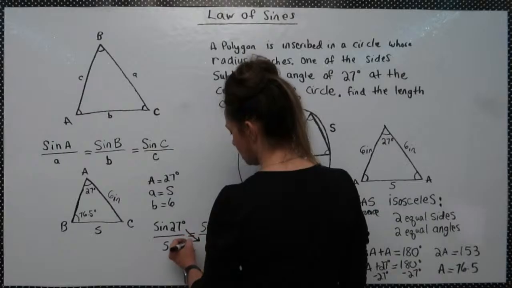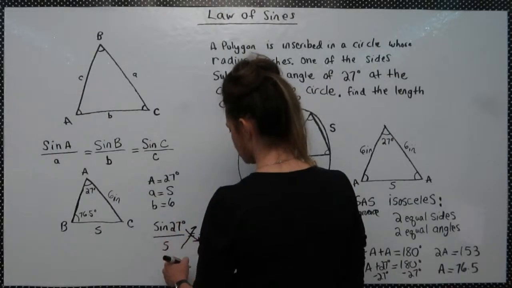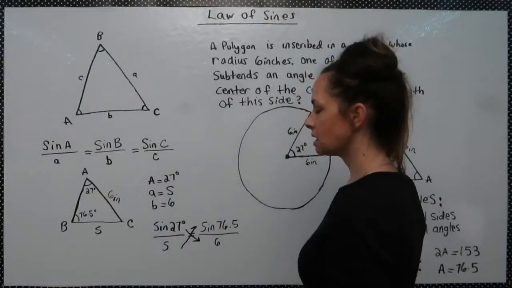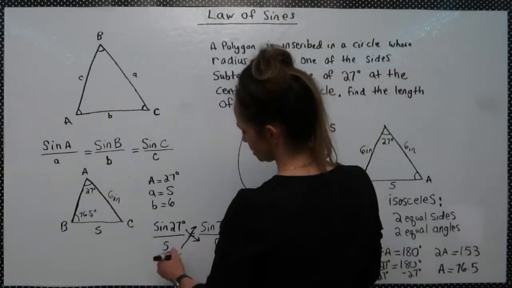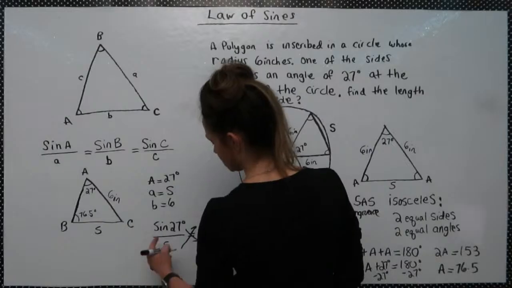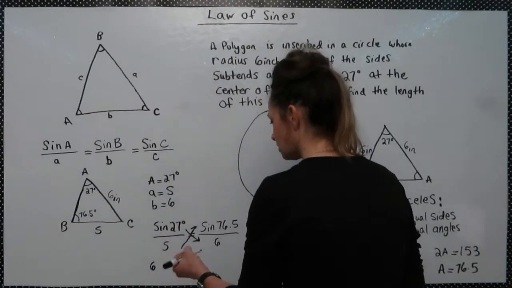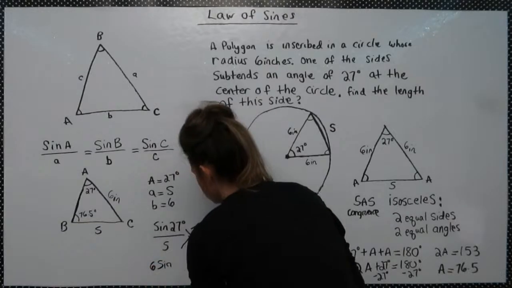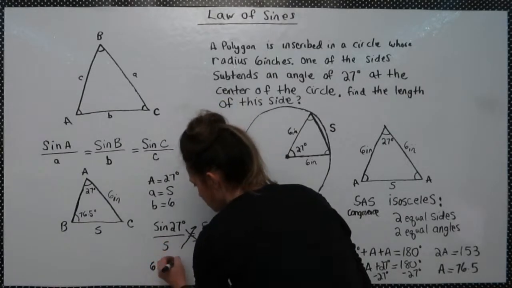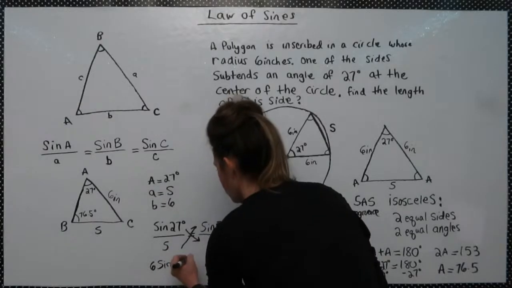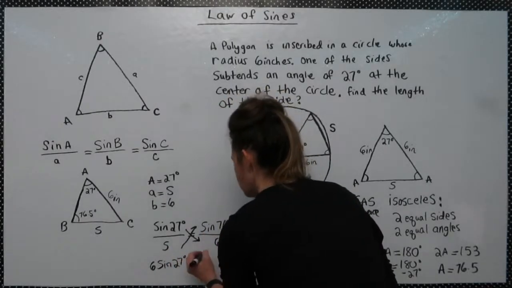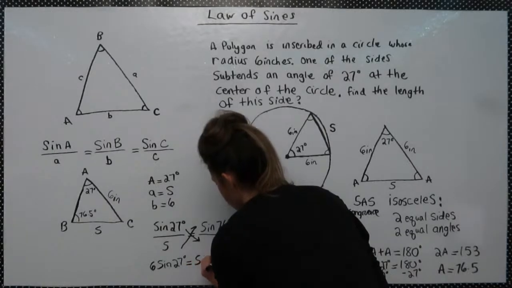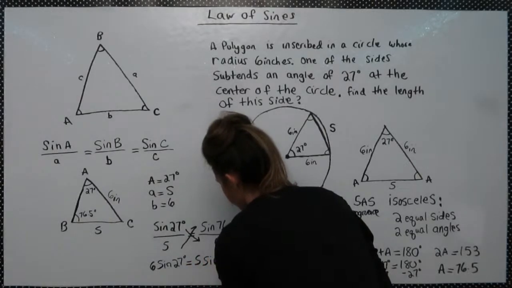The cross product is pretty good. It's a shortcut. It just basically puts like 2 steps into one. If you systematically did the steps, you would get the same answer. So it's 6 times sine 27. And that's going to equal S times sine 76.5.